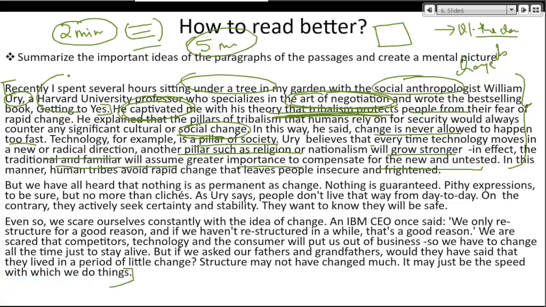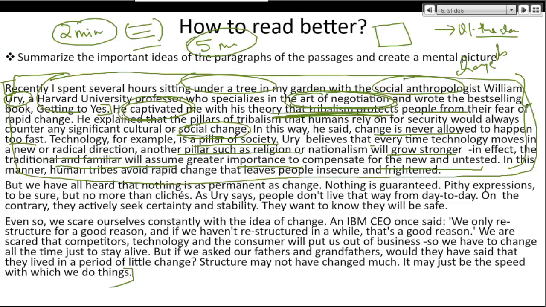If you read this entire paragraph, I can sum it up like this: the author spent time with Mr. William Urey, who is a Harvard professor and is known for something. But the main point is that the anthropologist believes that tribalism holds back people from embracing social changes.